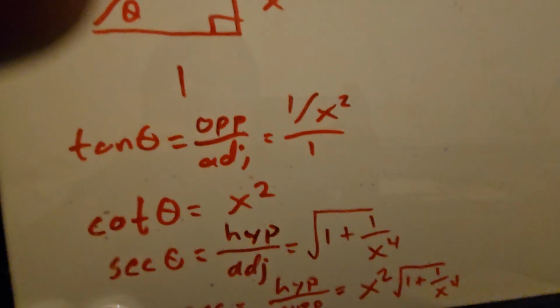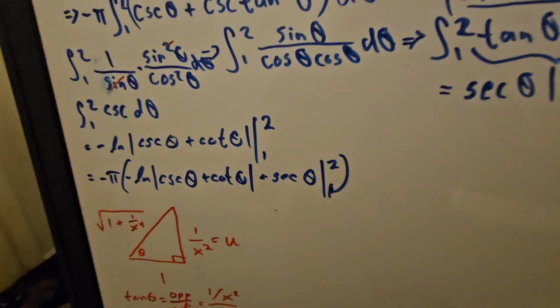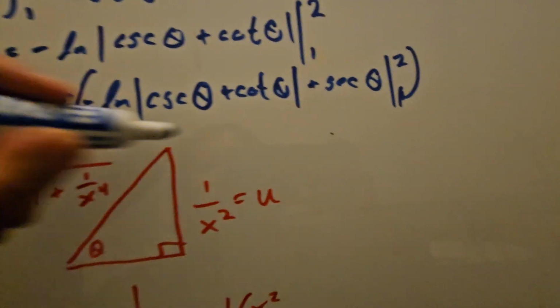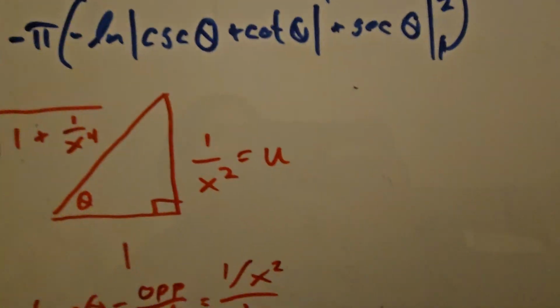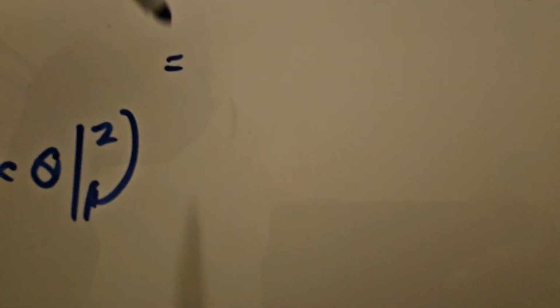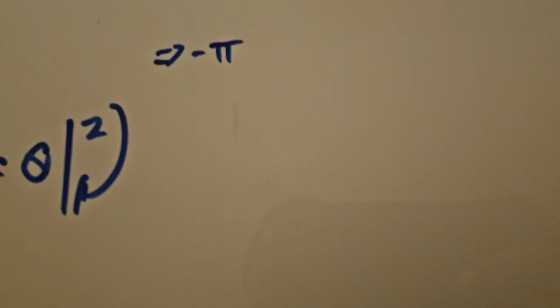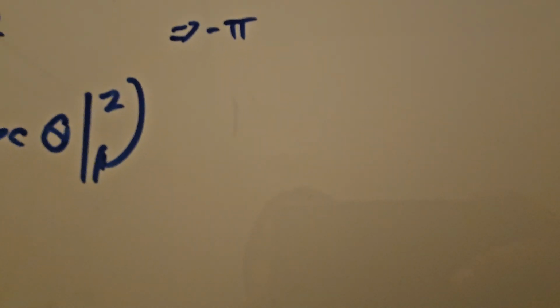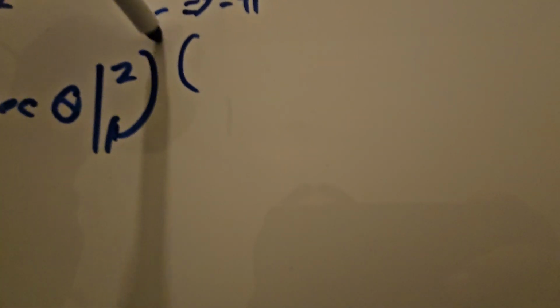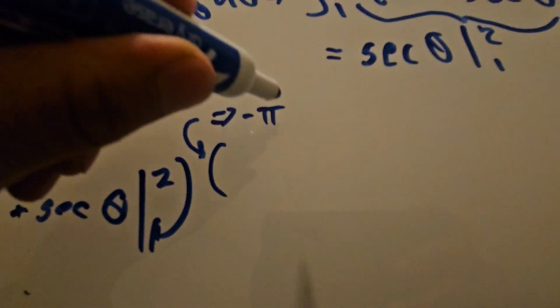So let's go ahead and continue with the problem. Now that I've got my blue pen, let's substitute these values into our integral. Negative pi, this goes with this, by the way.